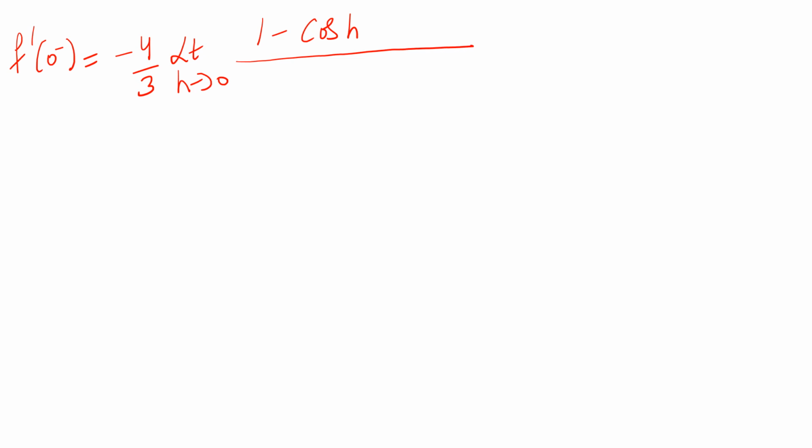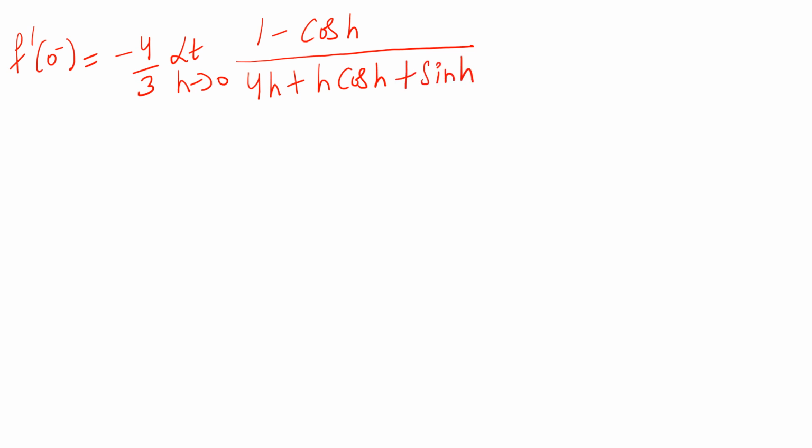Now students, we move further. f dash 0 minus becomes equal to minus 4 upon 3 into limit h tending to 0. Now after applying L'Hospital's rule, the numerator becomes 1 minus cos h and the denominator becomes 4h plus h cos h plus sin h.